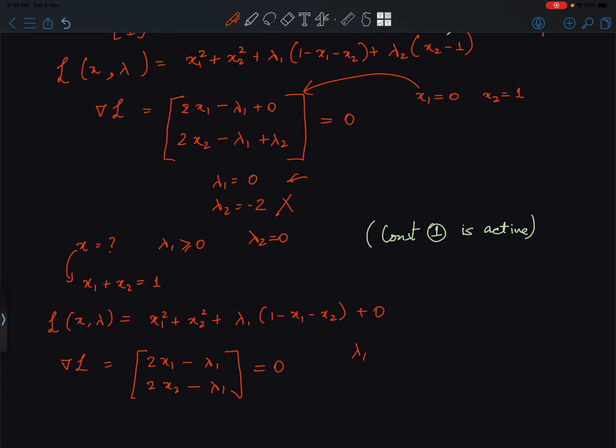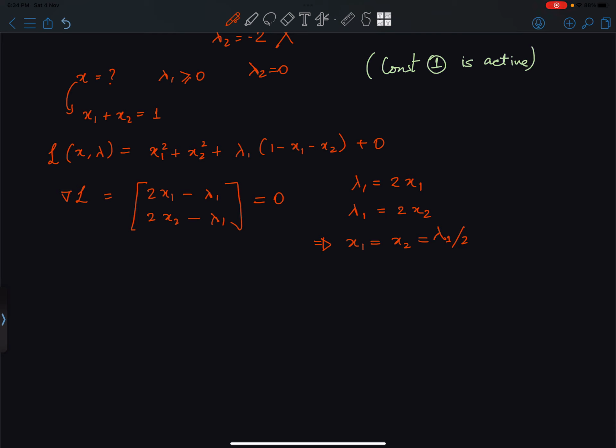This gives me lambda 1 equals twice of x1, and lambda 1 is also equal to twice of x2. This means x1 equals x2 equals lambda 1 by 2. I just divided by 2.